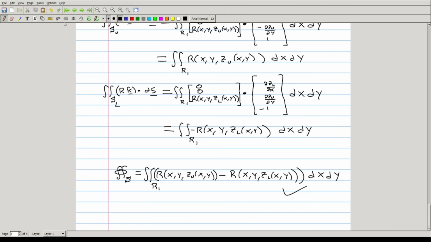The closed surface integral of this right here.